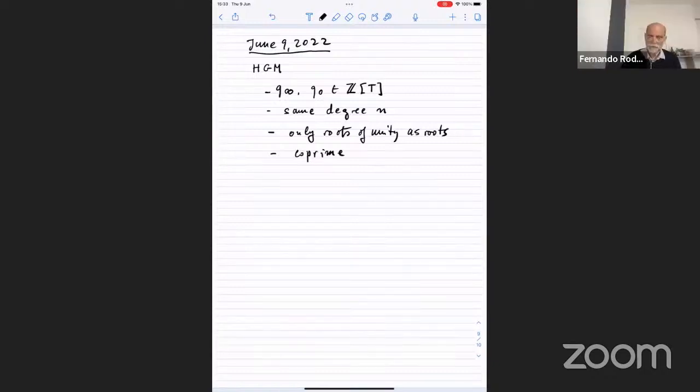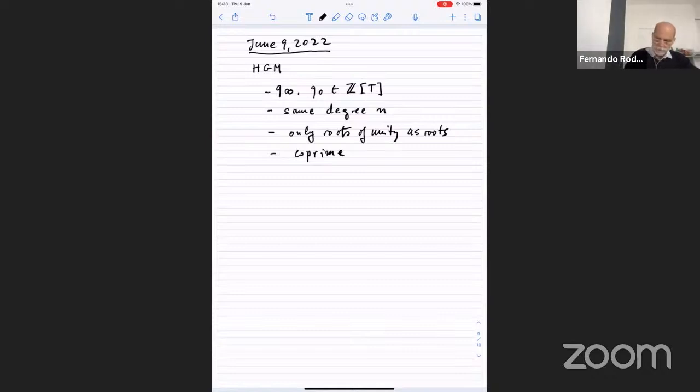These, remind you, are going to be the characteristic polynomials of these local monodromies that come from the differential equation as you analytically continue solutions.